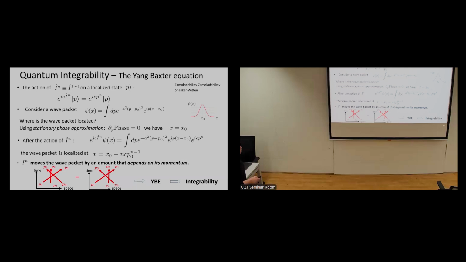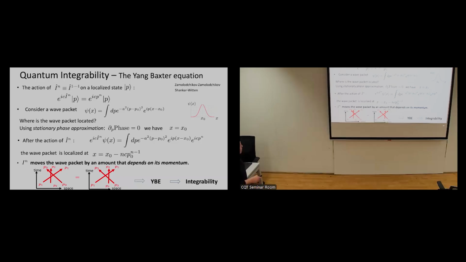Namely, I would take this phase and take its derivative, so it will be d/dp of p(x minus x0), and put it at the value where this is maximized. So the phase, setting it to 0, tells me that the wave function is located mainly around x equals x naught.